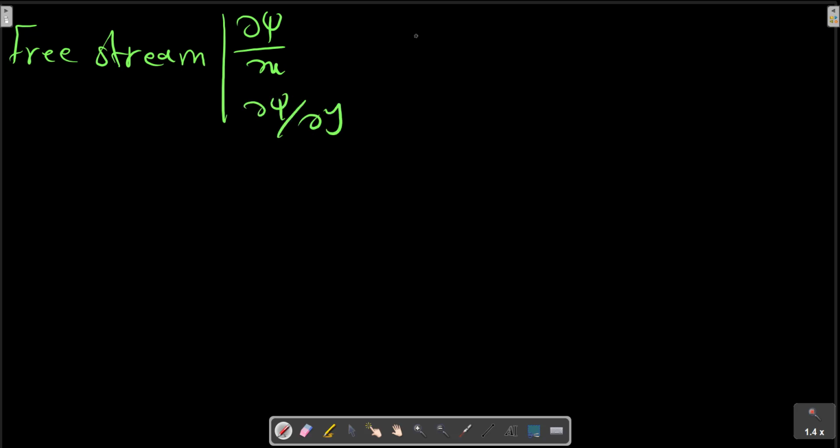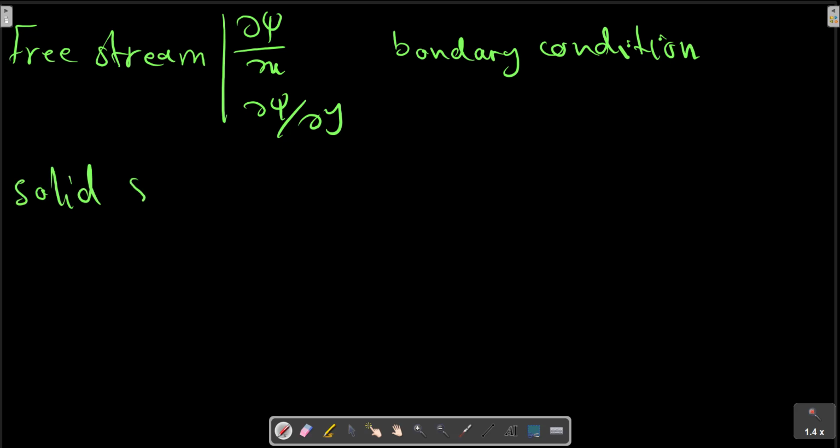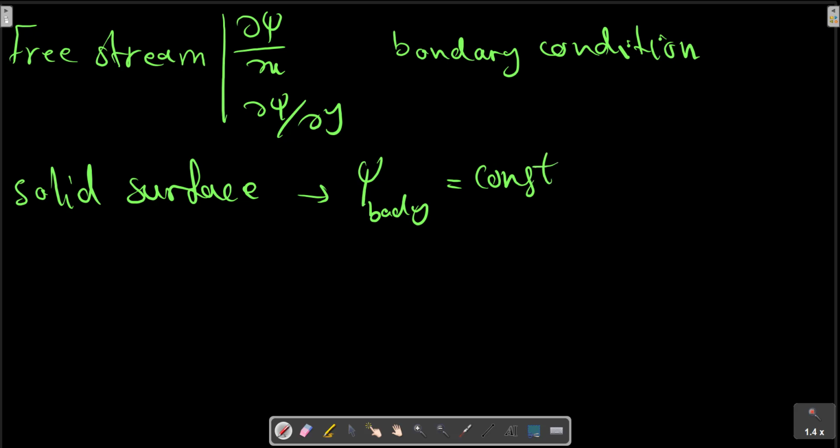The boundary conditions also for the free stream are now as shown, and for a solid surface, as also a boundary condition.